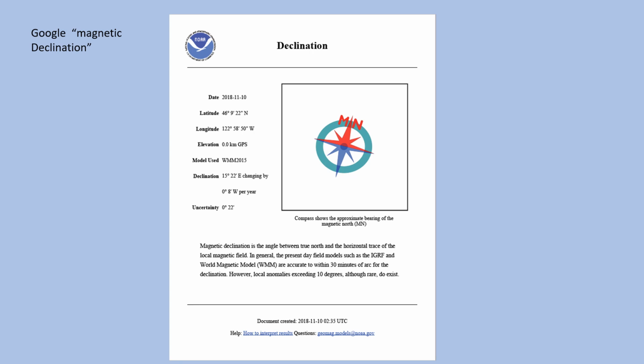Magnetic declination changes with time and location. So it's a good idea to check on the current declination for your area every year or so.